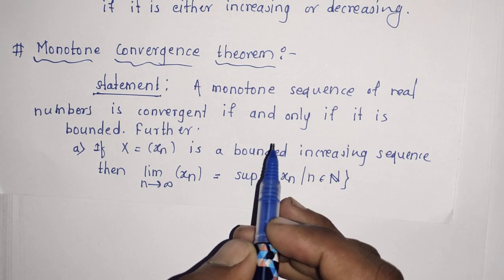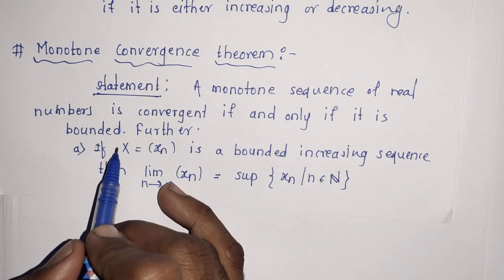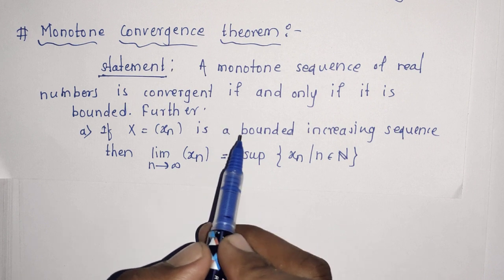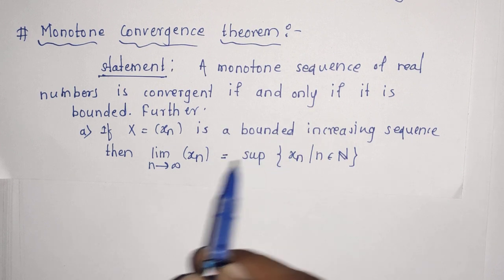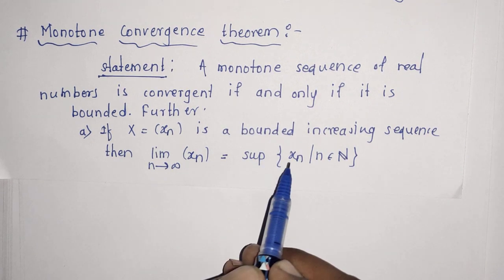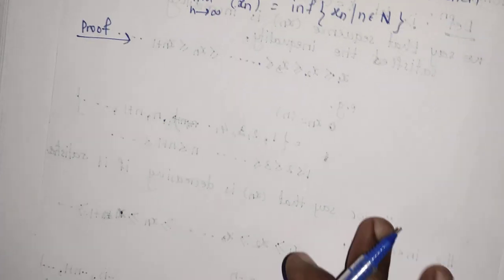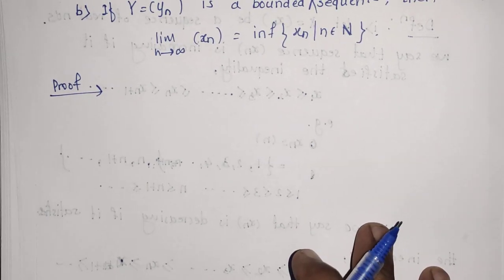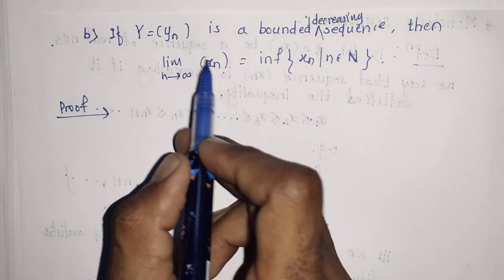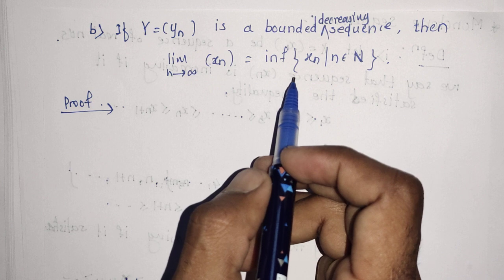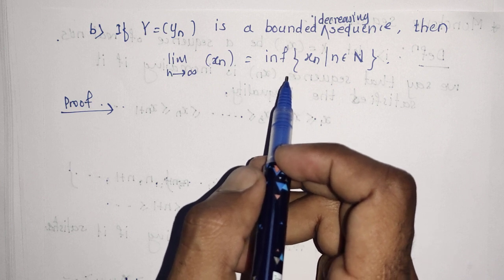Now in the converse part, if the sequence is bounded, then there are two cases. First, if it is a bounded increasing sequence, we have to prove that it converges to its supremum. Second, if yn is bounded decreasing, we have to prove that it converges to its infimum. Now the first part is obvious.